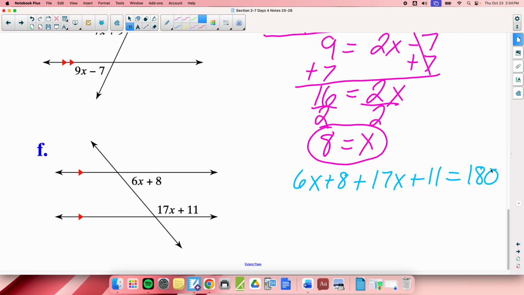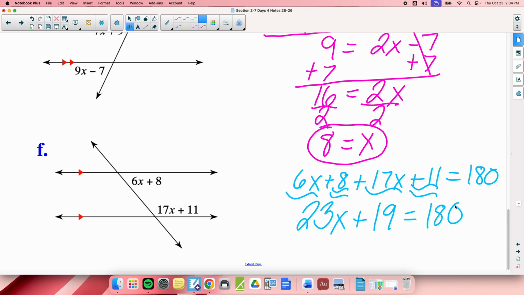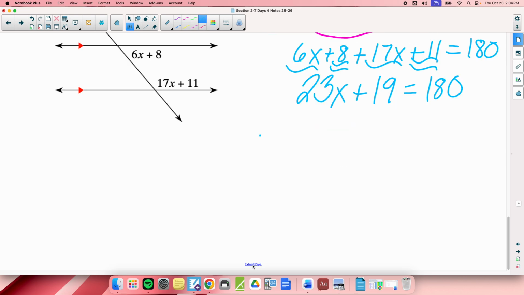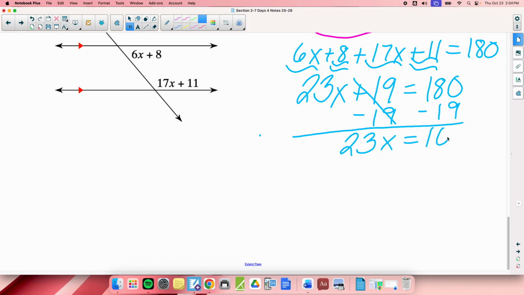Now, 6x plus 17x is 23x. 8 plus 11 is 19. And that is equal to 180. Then I subtract 19, and I get 23x equals 161.